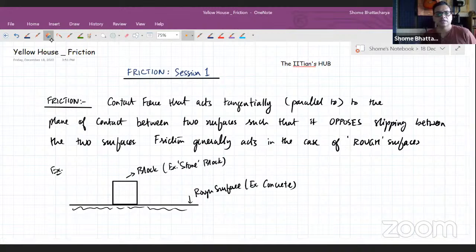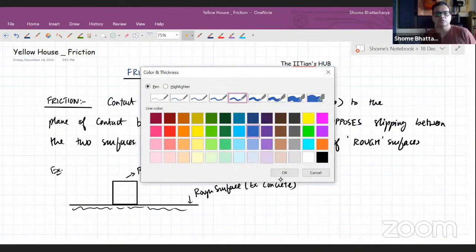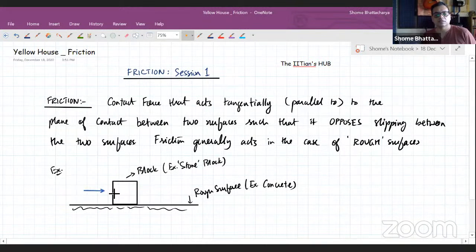So we might observe that in spite of applying some external force, the block is remaining at rest. We might be applying some external force trying to push the block, but in spite of applying the force, we see that the block remains at rest.